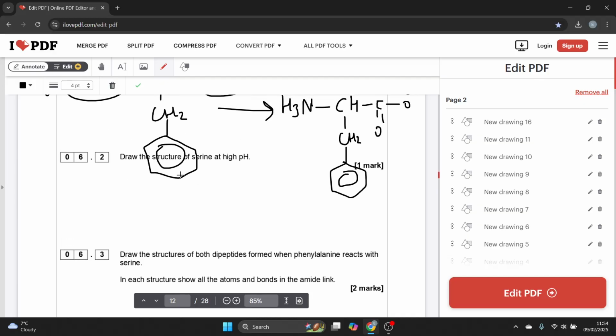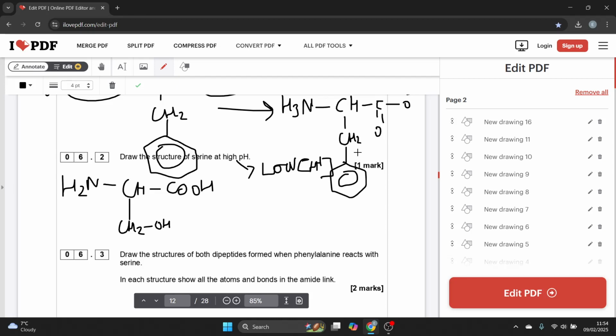Draw the structure of serine at high pH. Now, serine is H2N, CH, COOH, CH2OH. At high pH, remember, I'm going to have a low concentration of H plus ions, because if I've got a high concentration of H plus ions, I've got low pH; high pH, low concentration of H plus ions.